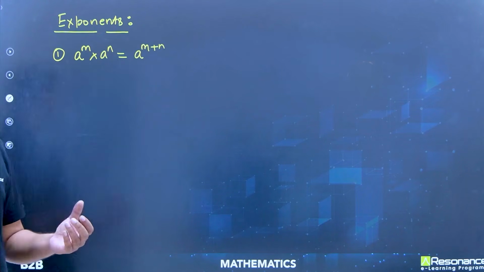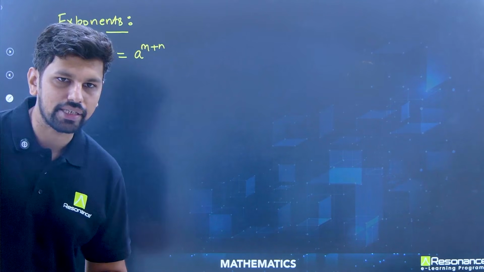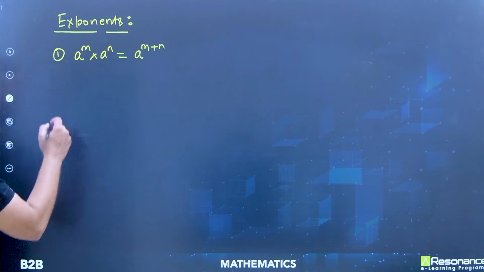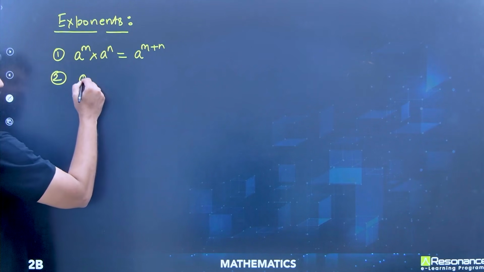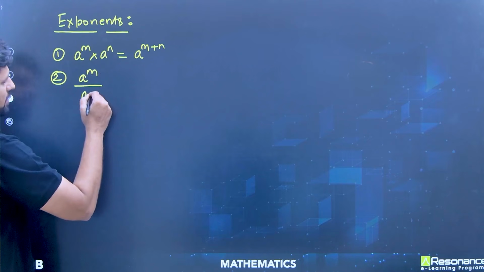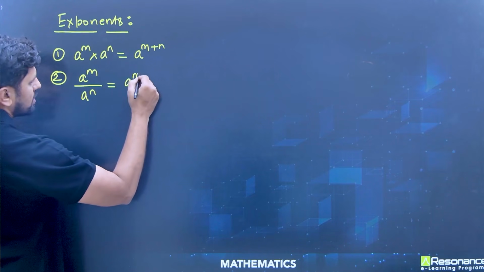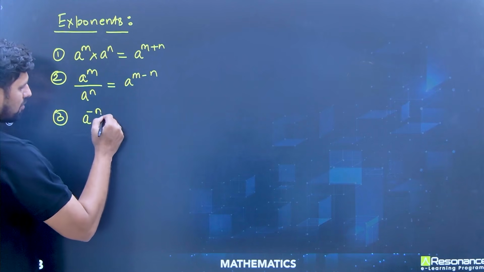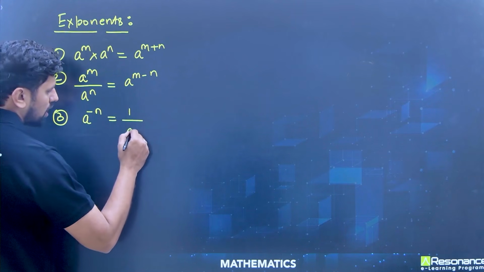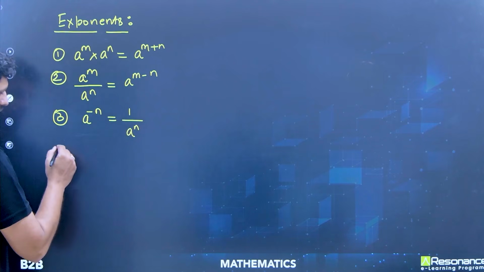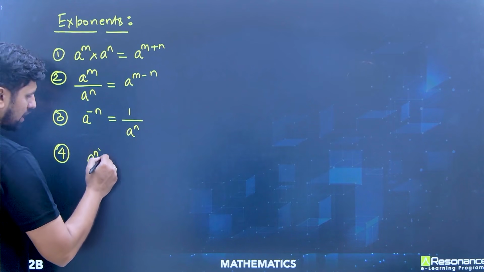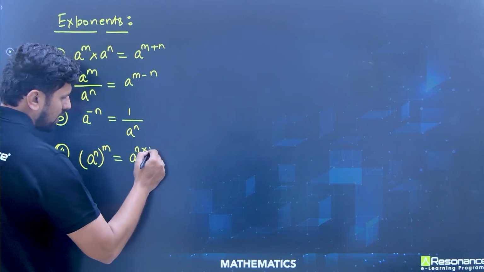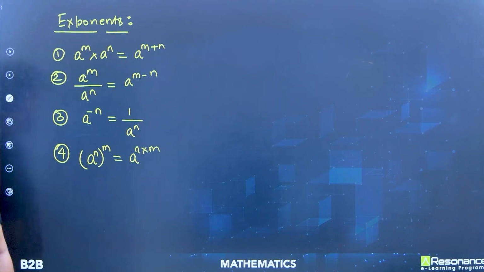When bases are same, power gets added in multiplication. When bases are same in division, power gets subtracted. A to the power minus n is equal to 1 upon a to the power n. A to the power n whole to the power m is equal to a to the power n into m.